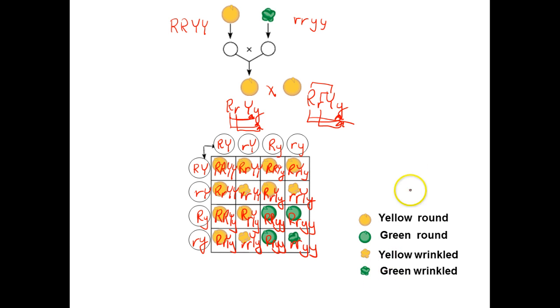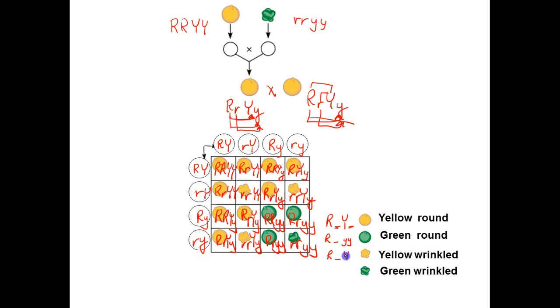And then, to be yellow, it has to have at least one big R, right? In order to be round, it has to have at least a big Y. To be green, it has to have 2 small y's, and to be round, it has to have at least one big R. Oops, the other way around.